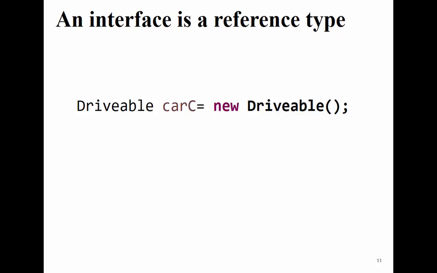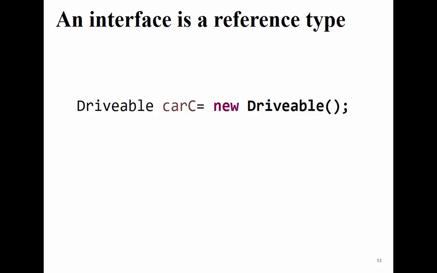Now, can anyone define it like this? If I use drivable car equal new drivable, can I do this? Based on our previous discussion, we cannot create an object of an interface. So this is illegal. We cannot do this.